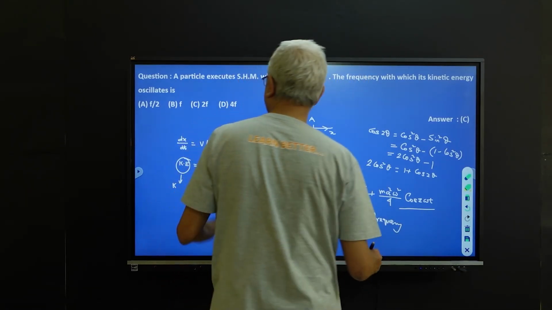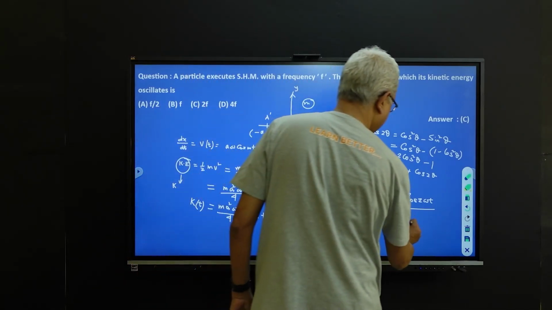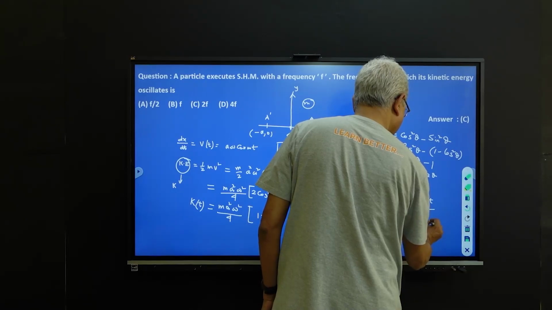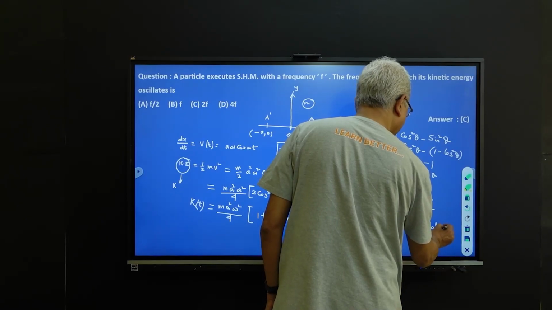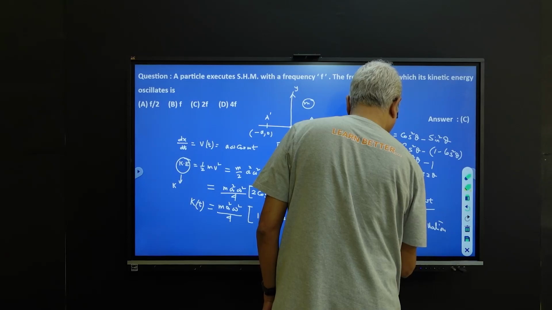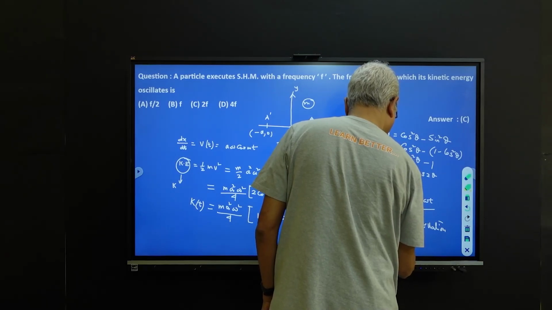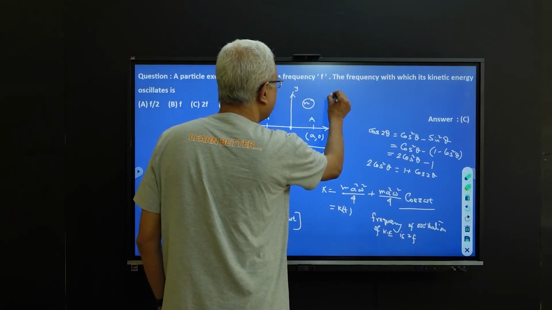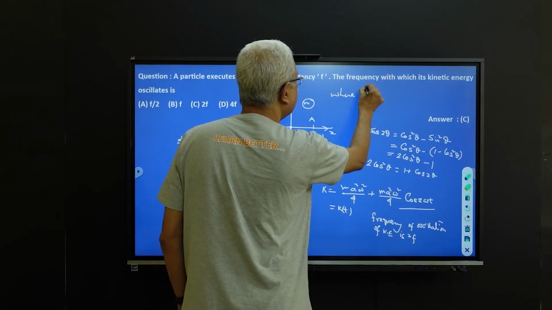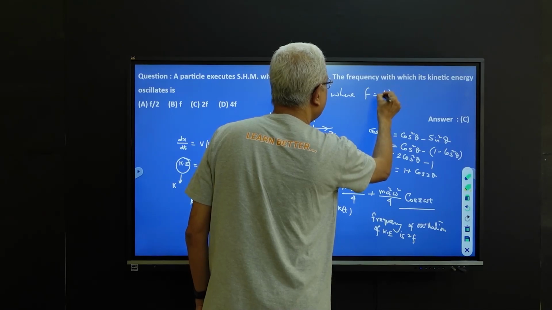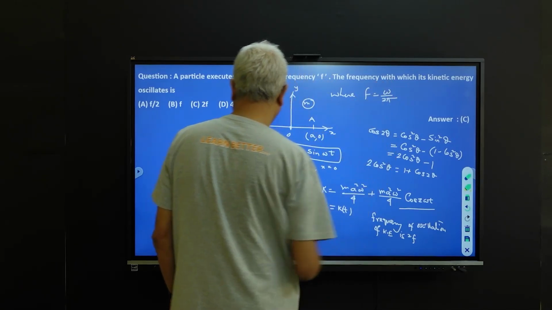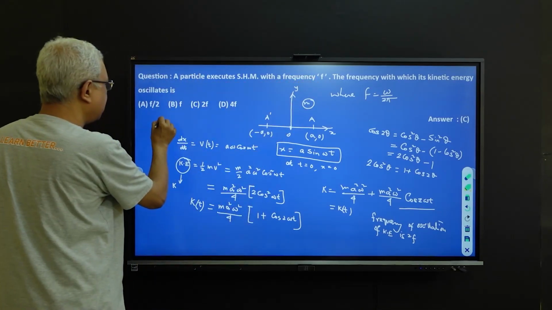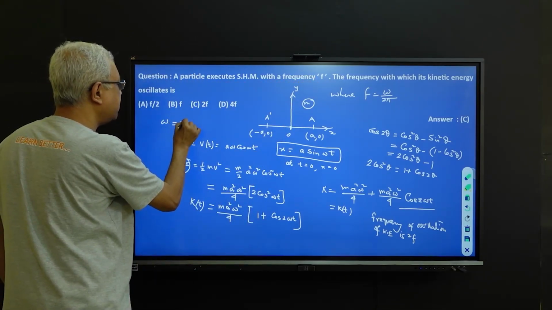And the frequency of oscillation of kinetic energy is obviously 2f, where f is omega by 2 pi. Because here it is given with frequency f, that means omega is actually 2 pi f.